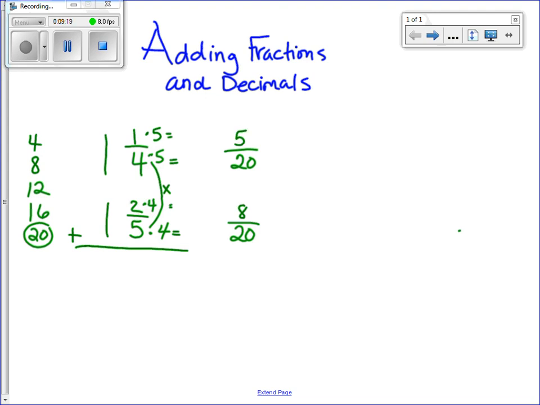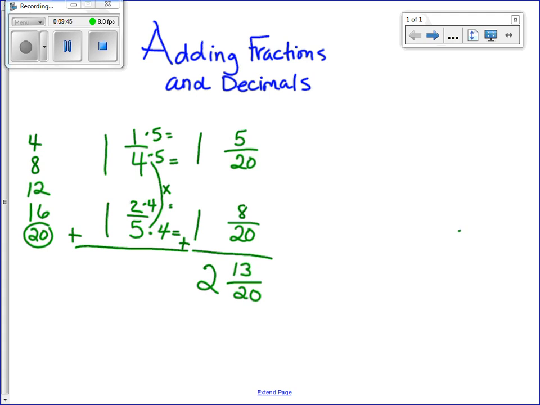So I end up with 5/20ths and 8/20ths, but I'm going to bring over my whole number. So add your fractions. 8 and 5 is 13. Denominator stays the same. And then my whole numbers, I'm just going to add like I normally would. 1 plus 1 is 2. Can I reduce it? No, it's in its simplest form.